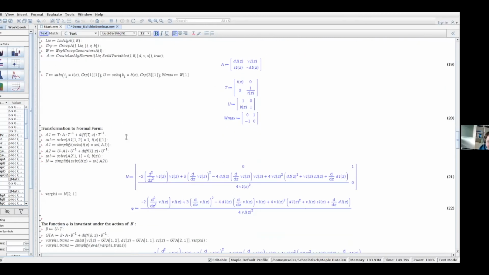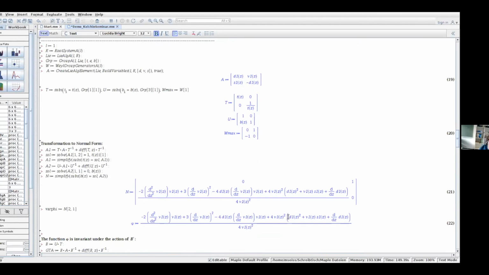In the case of SL2, the algebraic invariant is simply this part, which makes sense when you say everything is a constant now, and then the derivatives vanish, and this remains. But I think what's happening is that it's always the algebraic invariant plus some differential part.